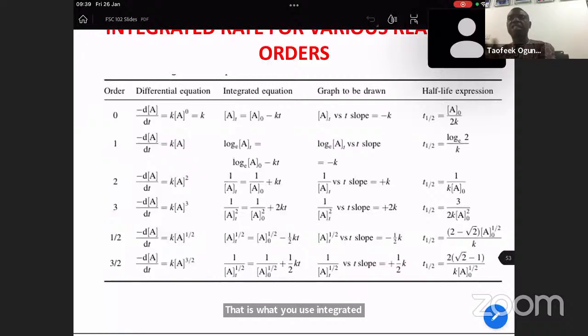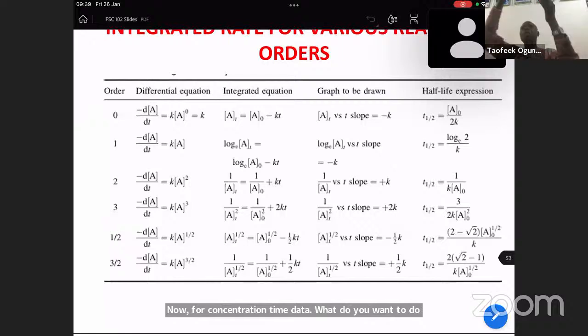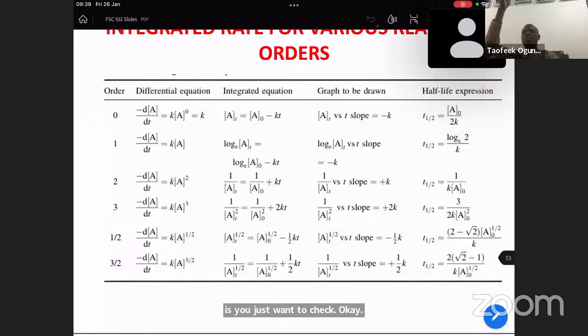We don't want to go through the derivation of the integrated rate equation, but like I said, it is for concentration time data. What we dealt with was concentration rate data. For concentration time data, somebody just gave you a set of data, you have concentration, you have your time, and you check what the order of reaction is.